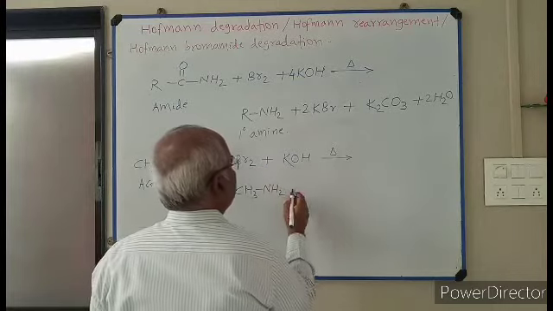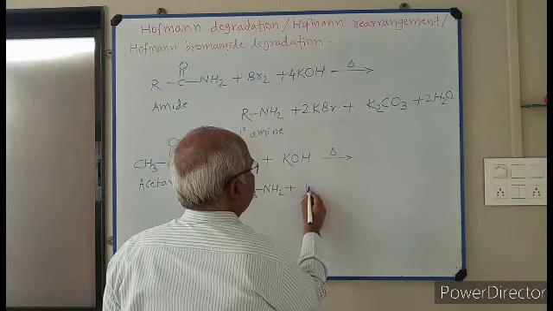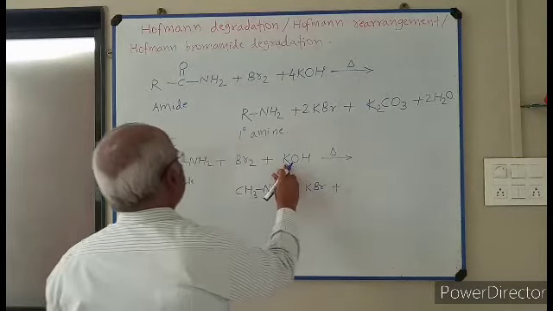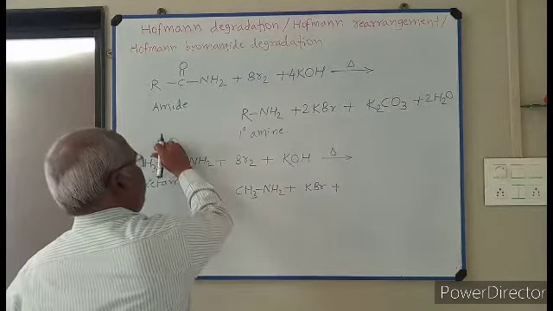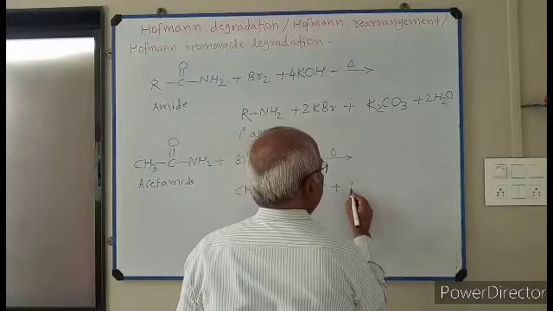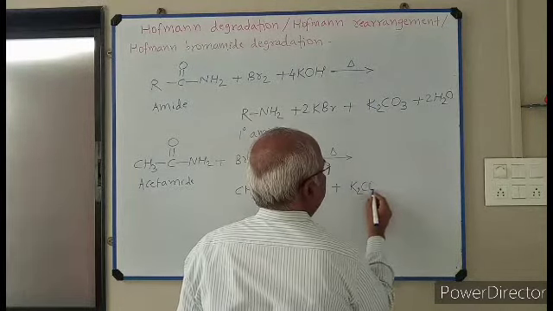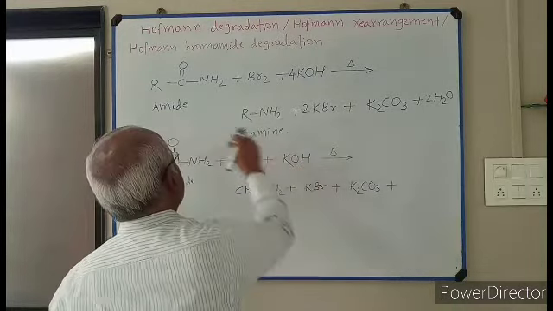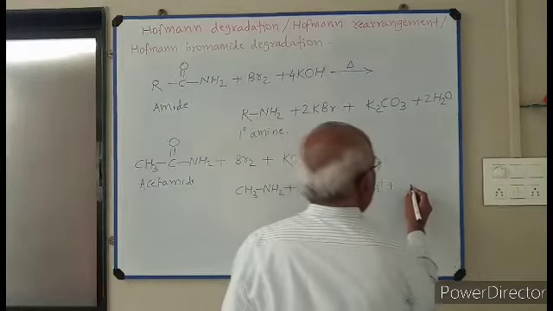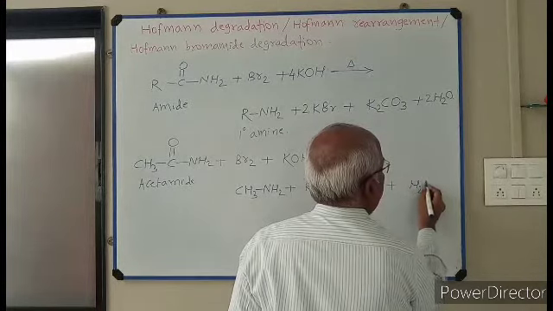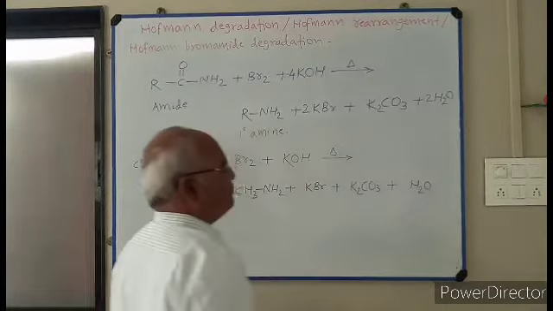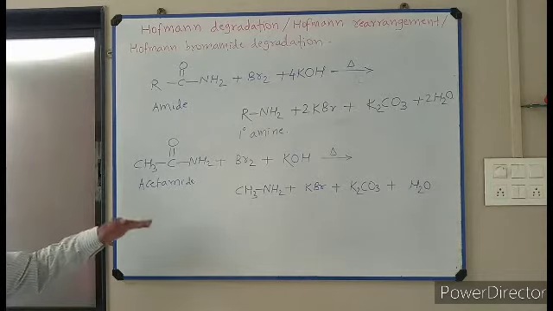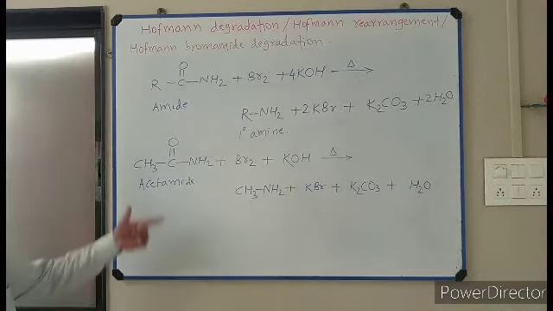Potassium combines with bromine and potassium bromide is produced. Potassium, carbon and oxygen combine to produce potassium carbonate. Hydrogen combines with oxygen and a water molecule is formed. This is a degradation reaction, a step down reaction.